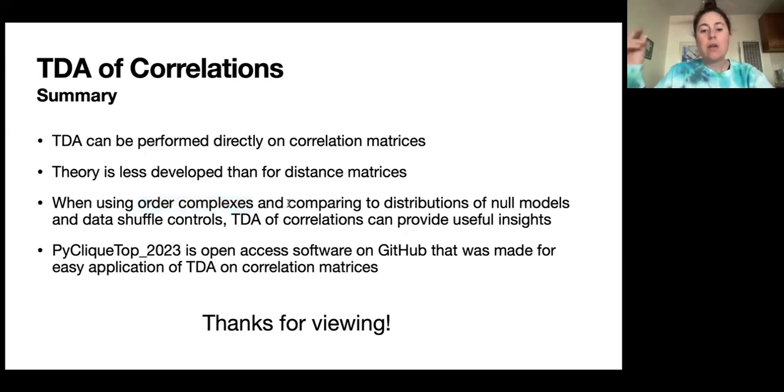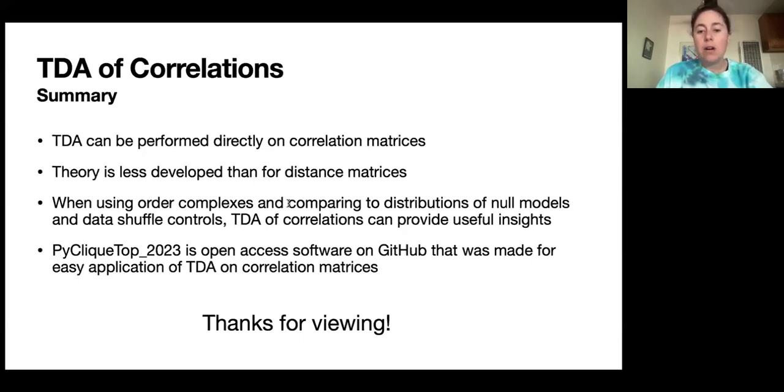And creating these topological summaries that are agnostic to the measurement scale of the correlations can be really important when we're not confident in the actual values of the correlations. We're just confident in the orderings.